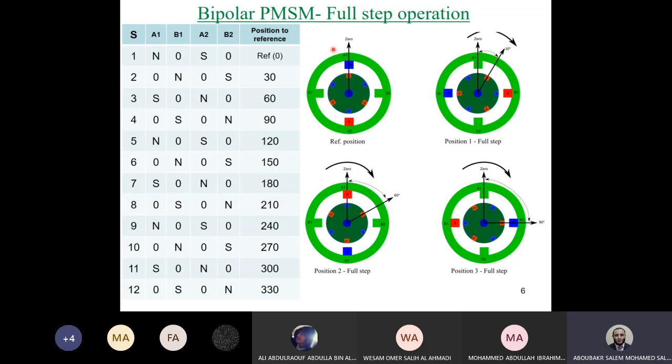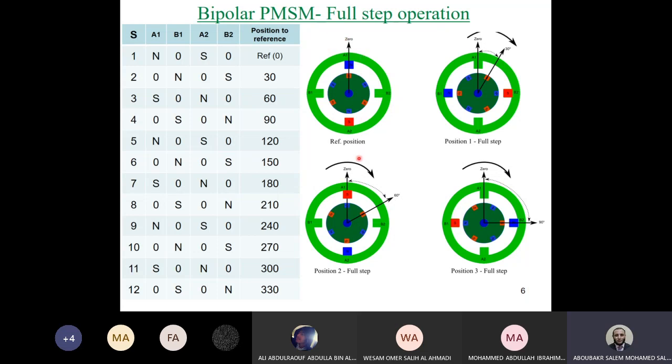However, for the unipolar, every time you energize the half coils, you will find only one polarity at each tooth. Right. Let's describe the operation now for the full step.